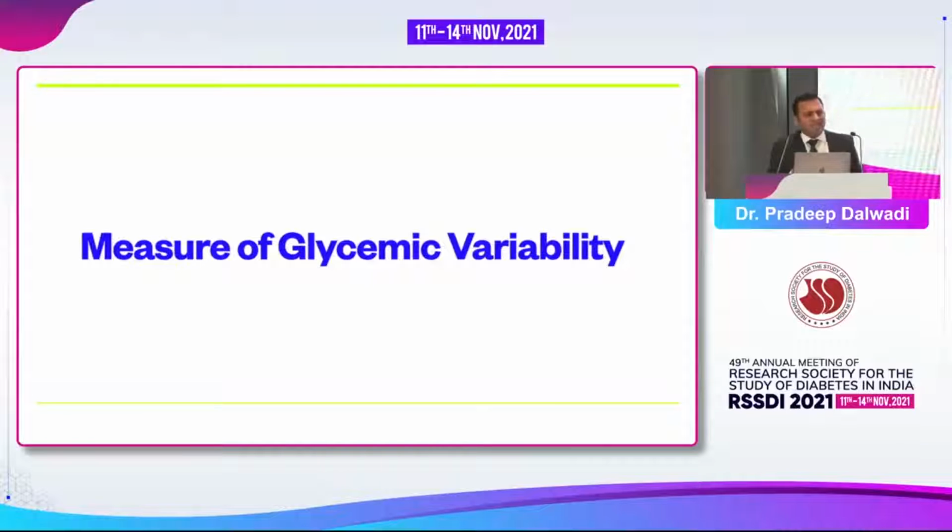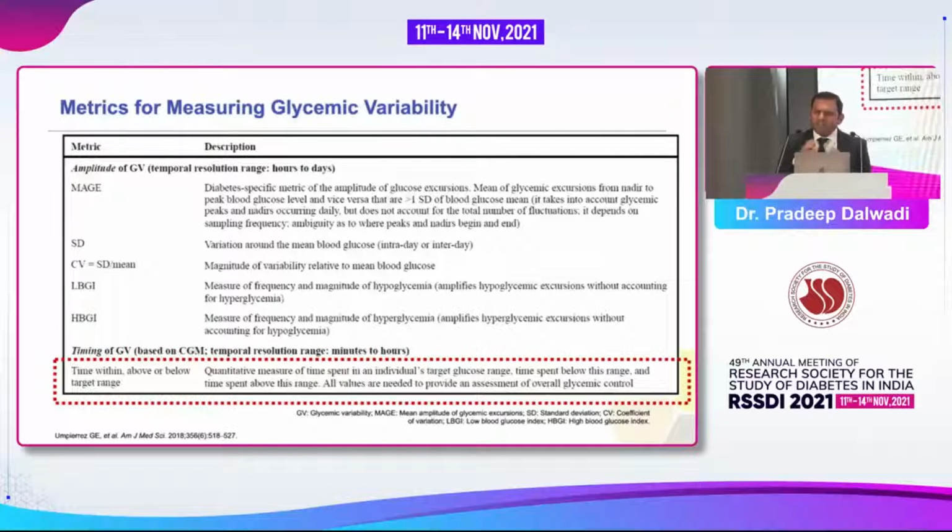Okay. Do we have any measure of glycemic variability? Yes. We have various metrics for measuring glycemic variability. Some of the metrics measure the amplitude of glycemic variability. These are MAGE, the standard deviation, CV, low blood glucose index, and high blood glucose index. There are certain other metrics which measure the timing of glycemic variability, and in clinical practice, we use them a lot with the help of CGMS, which gives you not only amplitude but also timing of glycemic variability in a person.